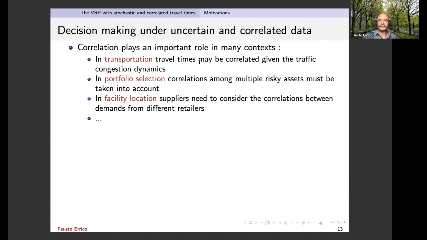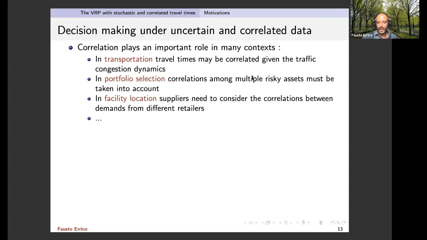In portfolio selection, multiple assets might be correlated, so when computing the risk, it's important to know that those assets are correlated. In facility location, demand for several reasons could be correlated, seasonal or whatever, so the supplier needs to take these things into account.